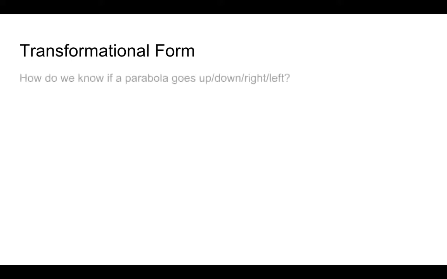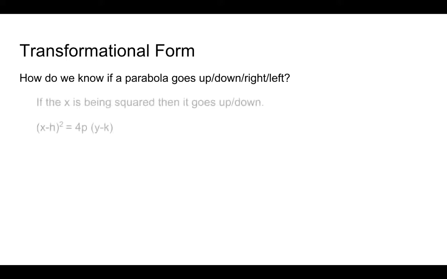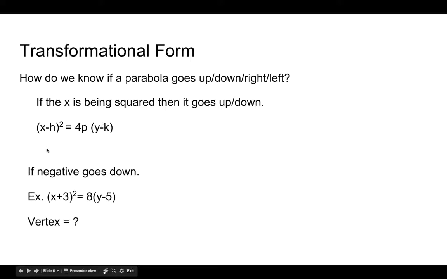Transformational form. How do we know if a parabola goes up, down, right, or left? As we see here, this equation we'll be using for parabolas, as I said earlier. If the x is squared, then it will go up or down. And if the h value is negative, then it will look like x plus the h value here, for example right here.